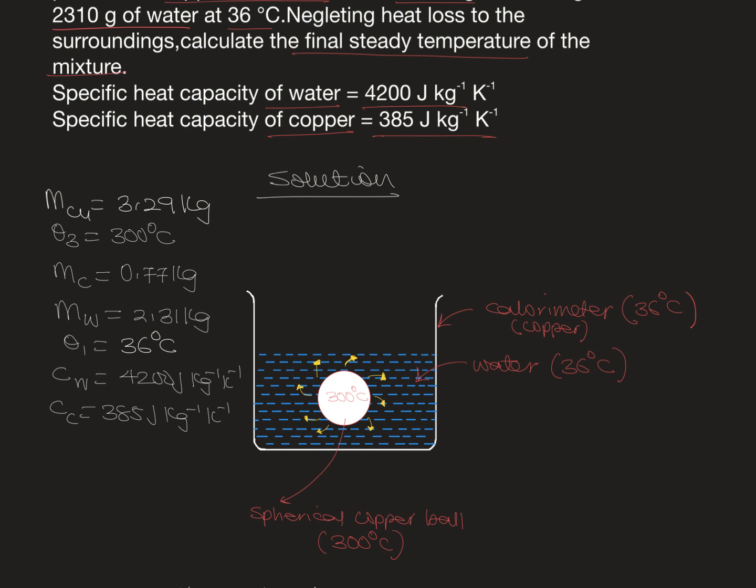So we can say the specific heat capacity of the copper ball is also going to be 385 joules per kilogram per Kelvin. We want to know the equilibrium temperature, so that is what we're going to find. So now let's substitute the values that we have in order to calculate the equilibrium temperature theta 2.